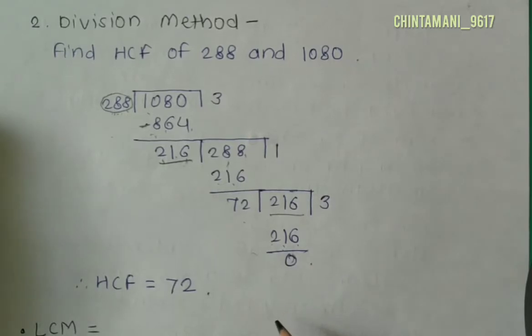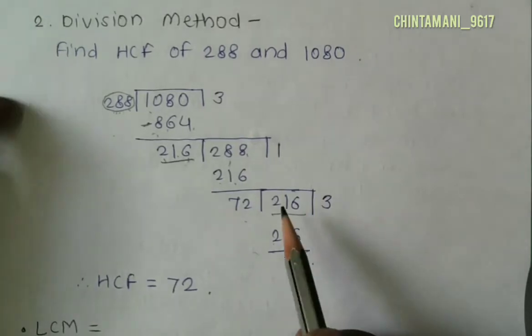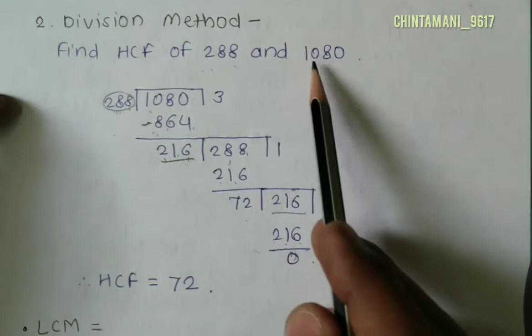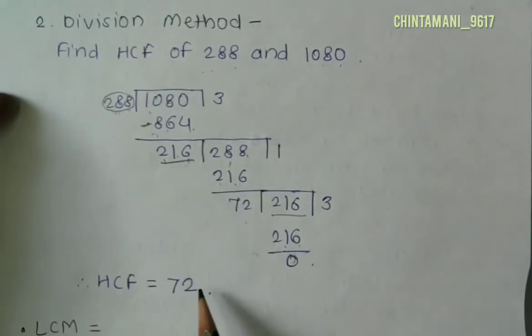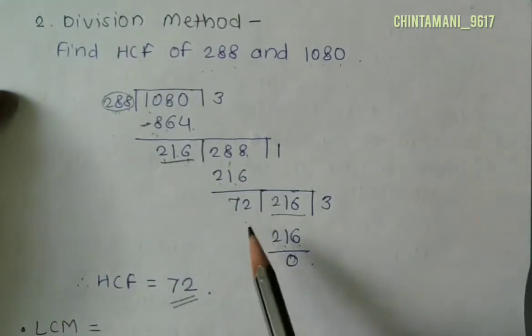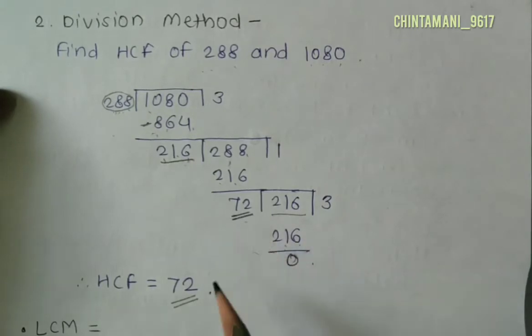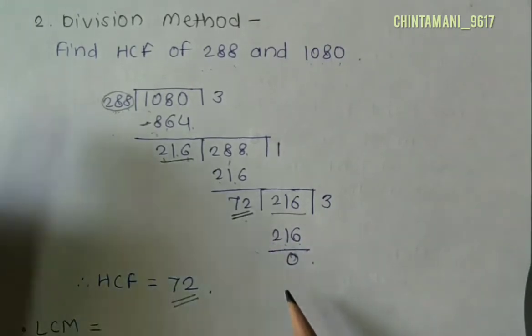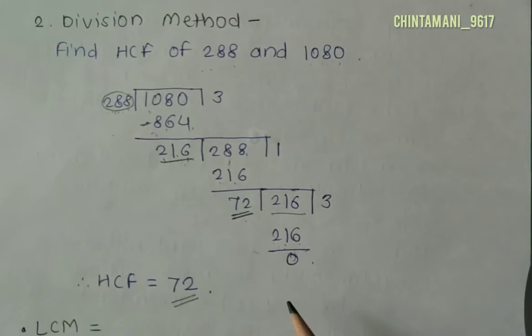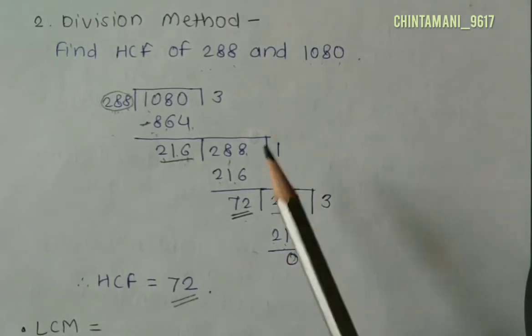So the HCF of 288 and 1080 is 72, the last nonzero remainder. These are the simple two methods to find the HCF of the given numbers. First is factorization and second is the division method.